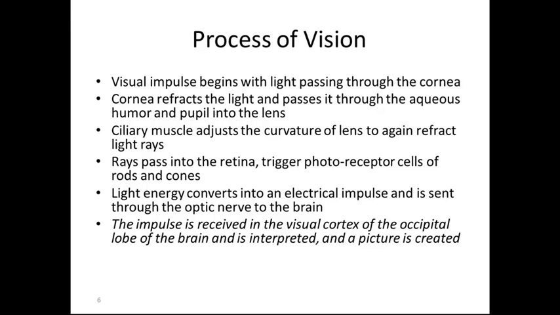Rays pass into the retina, trigger photoreceptor cells with rods and cones. The light energy is then converted into an electrical impulse and is sent through the optic nerve of the brain. The impulse is received in the visual cortex of the occipital lobe of the brain and is interpreted, and a picture is created.